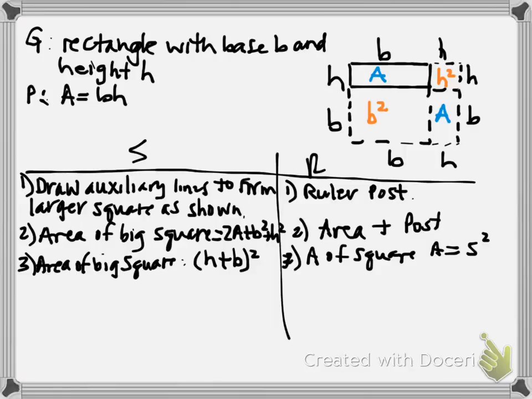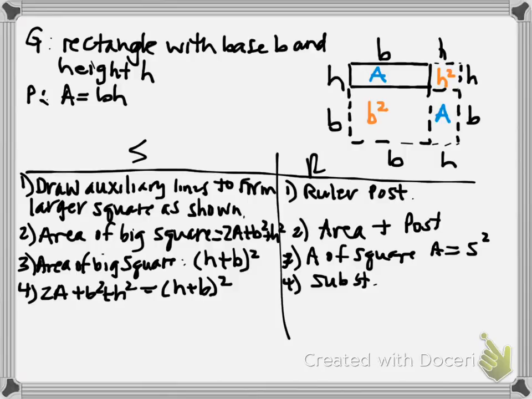So now I have two things that equal the same thing. Now remember, my answer is supposed to have A on the left, so I'm going to take the first area, that is of the big square, and put it on the left, and then put the quantity H plus B squared over here. So that's just going to be substitution property of equality.